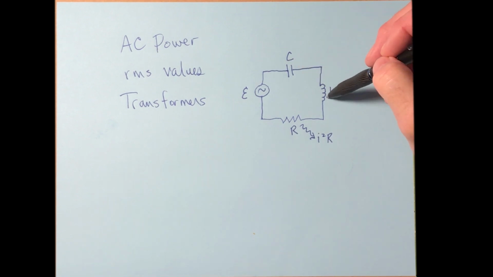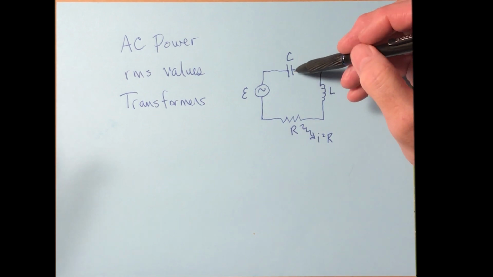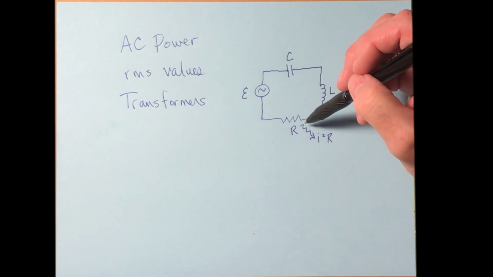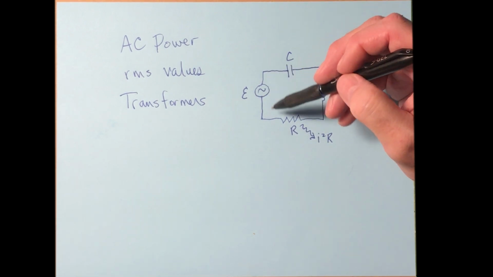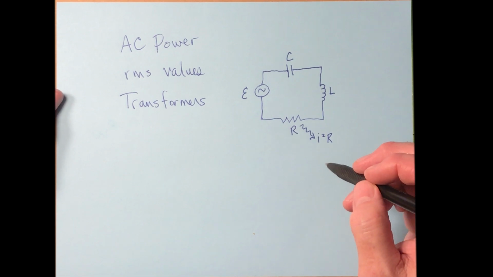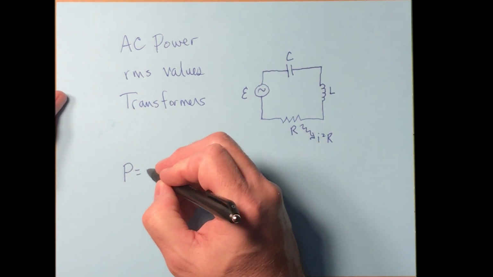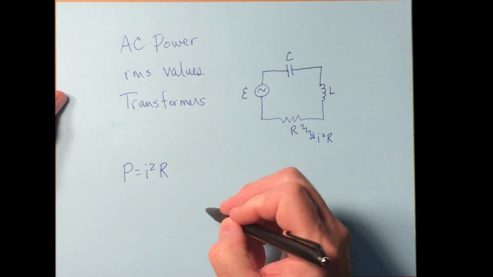The average energy in the inductor and the capacitor is constant. It stays the same, but to replace the energy that's dissipated away, the generator fills in that space. All right? The energy that's dissipated away by the resistor then is power, I squared R.